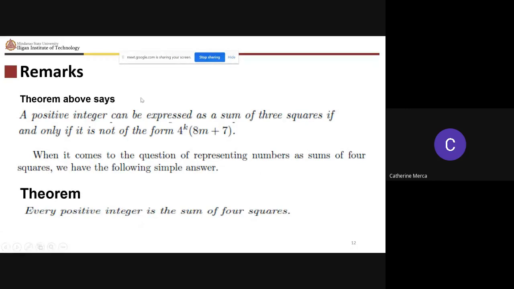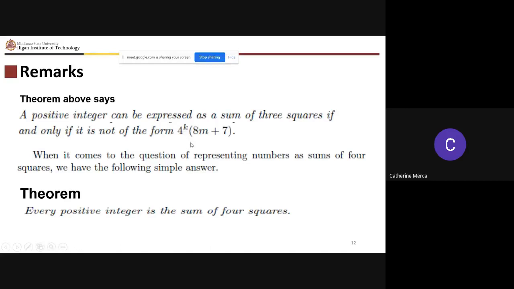Let's go to the following. So, remarks. Let's summarize what we have learned. A positive integer can be expressed as a sum of three squares if and only if dili siya ani nga form, 4 to the k times 8m plus 7. Ganyan ang gamit natin a; you can use other letters here. Pag ma-express siya ani nga form, dili siya ma-express as a sum of three squares. Yun yung question kanina, di ba?